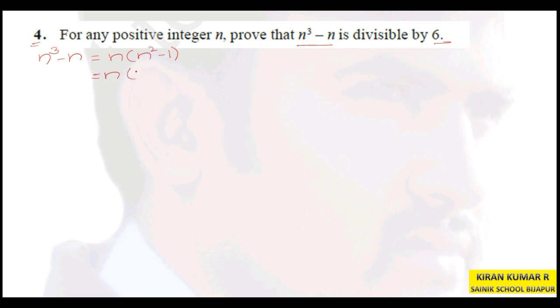This n square minus 1 is nothing but n plus 1 into n minus 1, using the identity a square minus b square. You look at this, it is the same as n minus 1 multiplied by n multiplied by n plus 1. These three are, what are they? Consecutive.